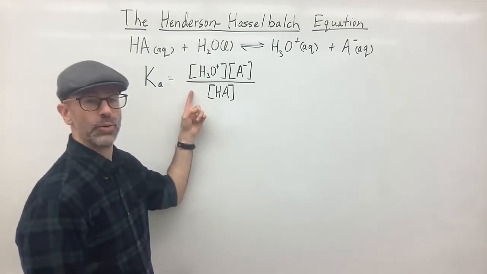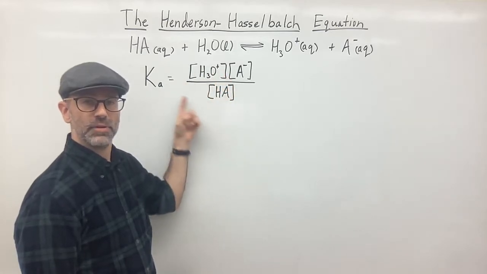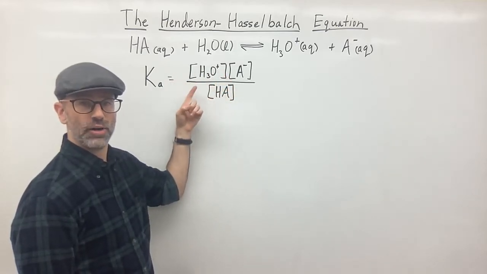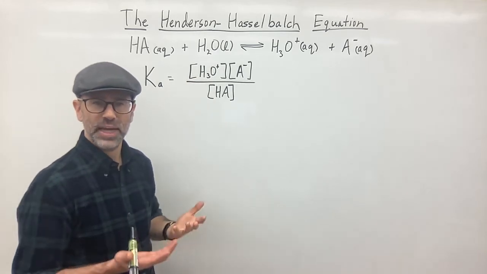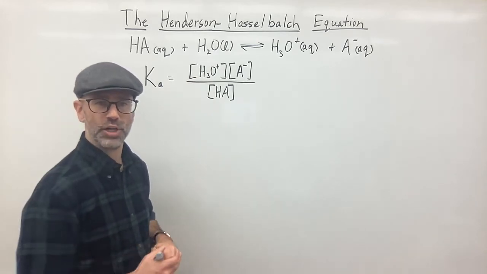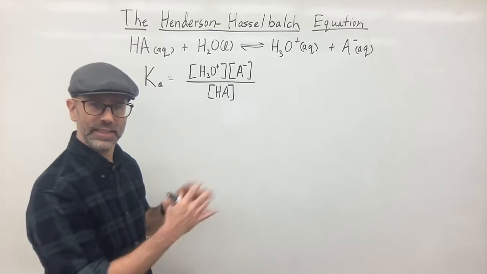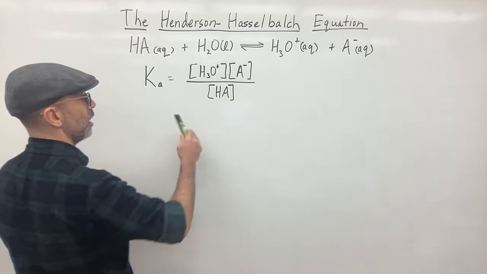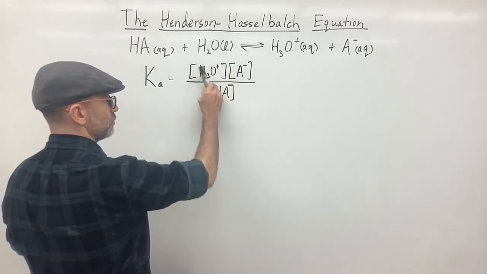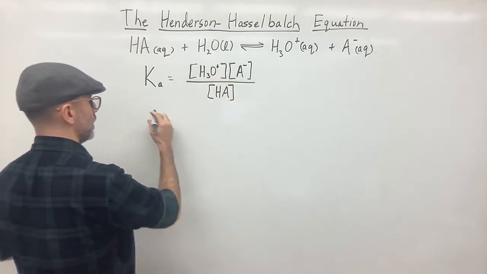And the first thing we want to do is solve this for the hydronium ion concentration, because pH is related to the hydronium ion concentration. So let's get that separated out. So basically we want to solve this for H3O plus concentration.